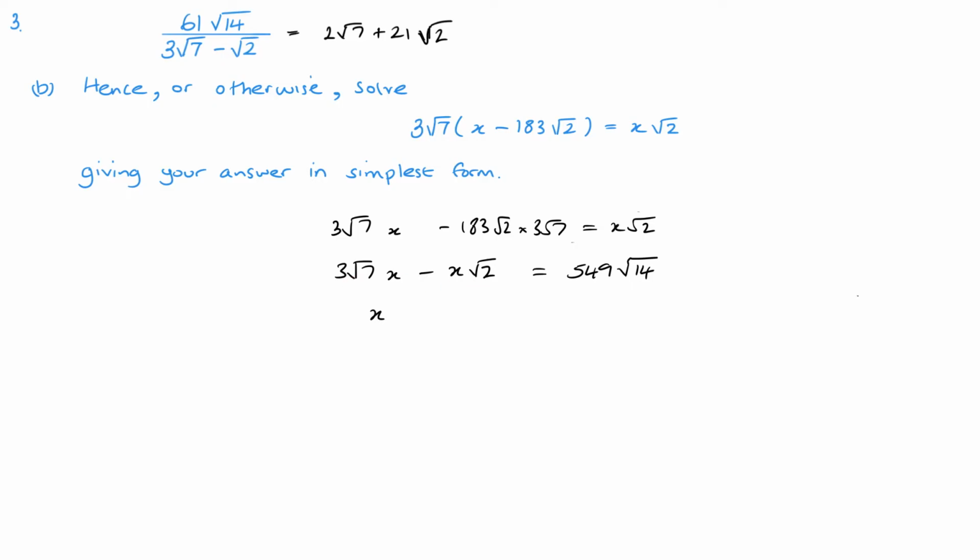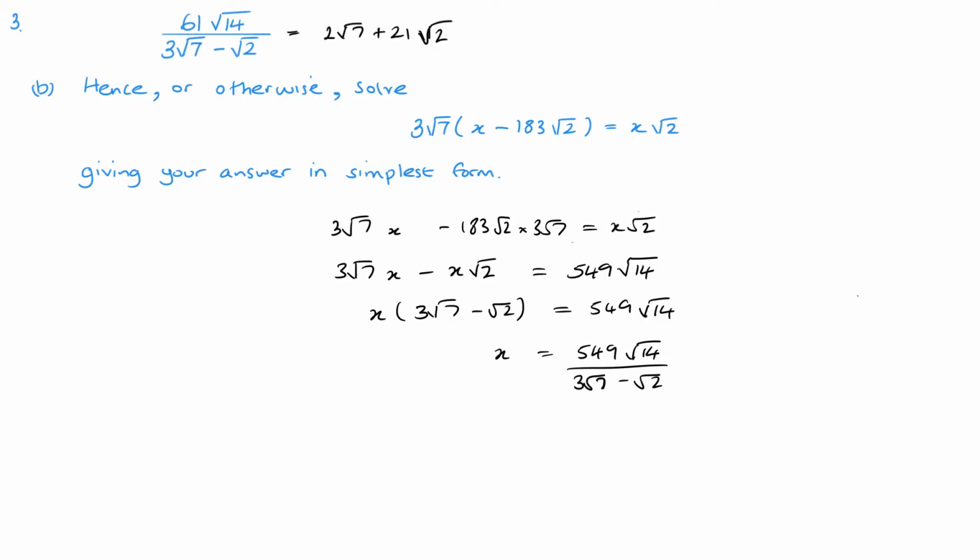So factorise out our x, we've got 3 root 7 minus root 2. There we have it. 9 root 14. So x equals 549 root 14 over 3 root 7 minus root 2.